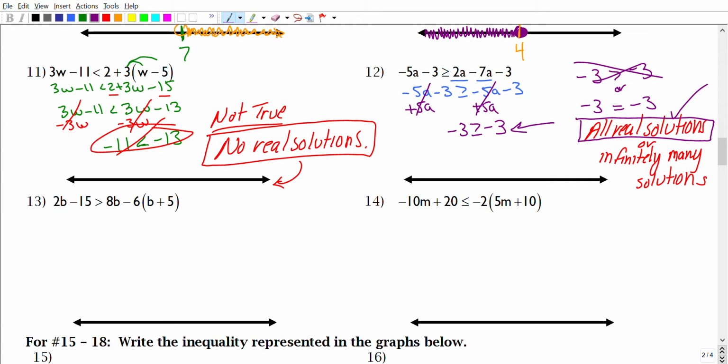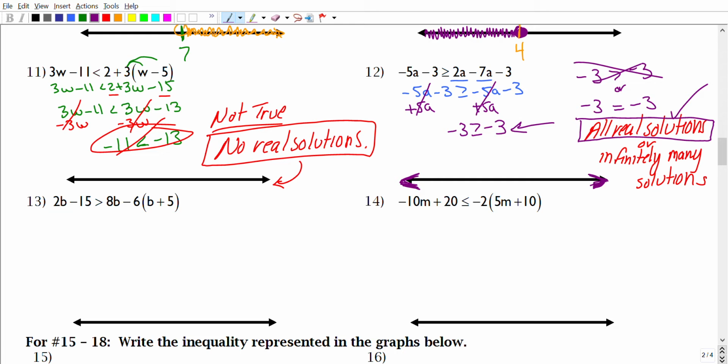Even though they can mean the same thing, they don't necessarily mean the same thing. With equations, it was okay to write either or, but honestly, and this is just my matter of opinion, I would prefer all real solutions for this because when you look at your number line, you would actually have to shade everything because that statement negative 3 is equal to negative 3 is always true. So you would have to shade everything.